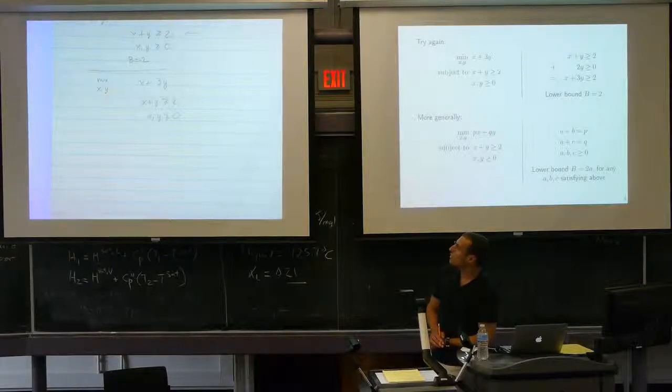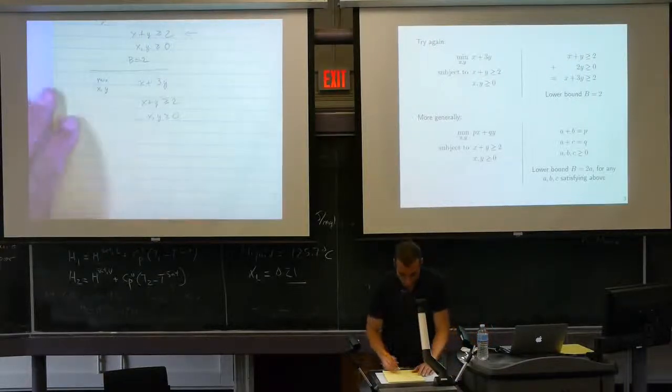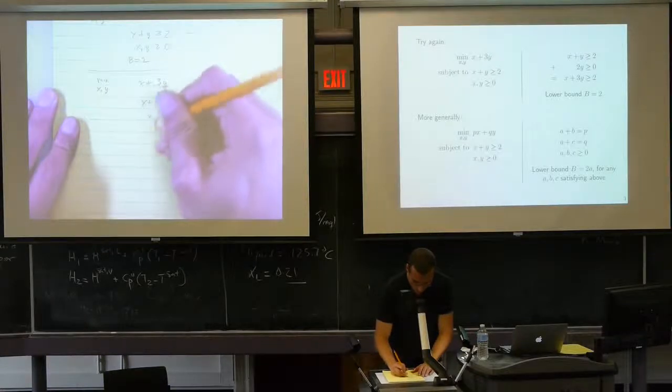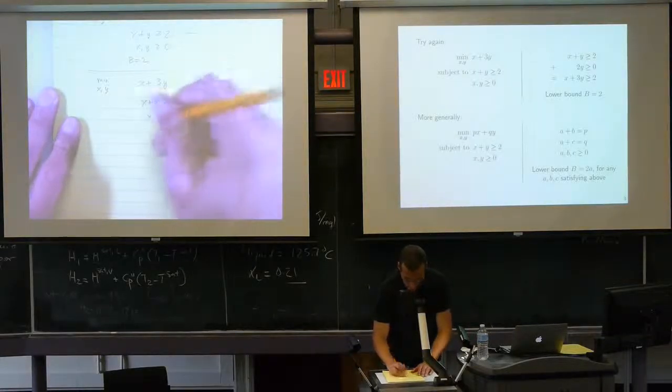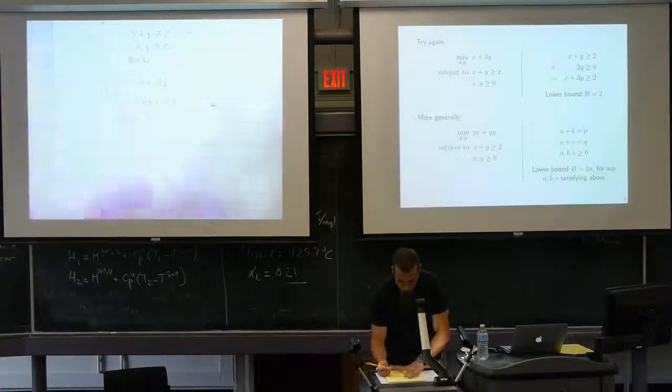So any ideas for how we could try to construct a lower bound for our objective function at its optimum? Yeah, that's a good idea. So I'll write them all out. So what would I do?